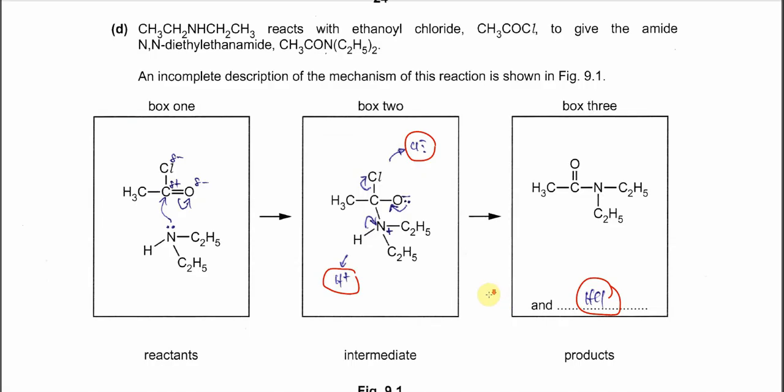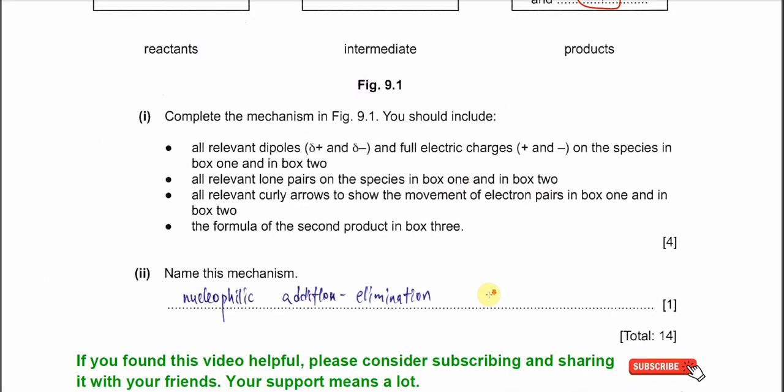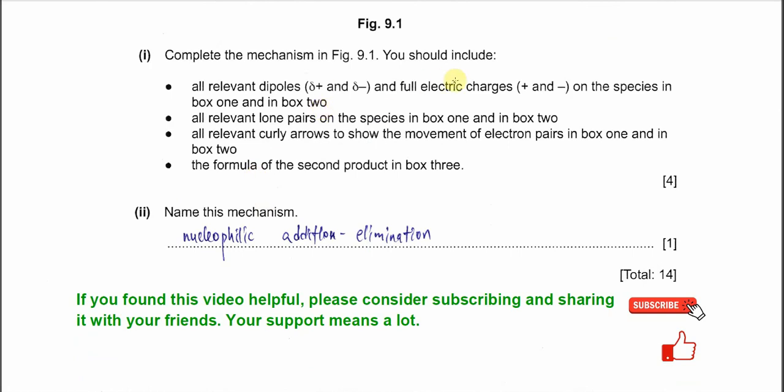I hope you understand. And these are the guidelines. You just follow, you'll get exactly what I told you just now. And part 2, name this mechanism. This mechanism we call nucleophilic addition-elimination. Okay, that's all. Thank you.